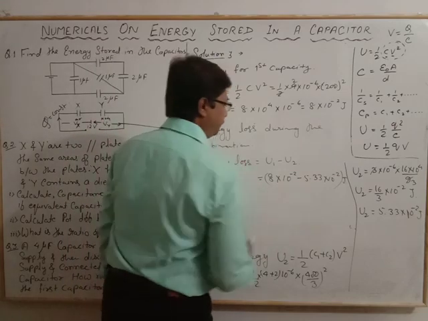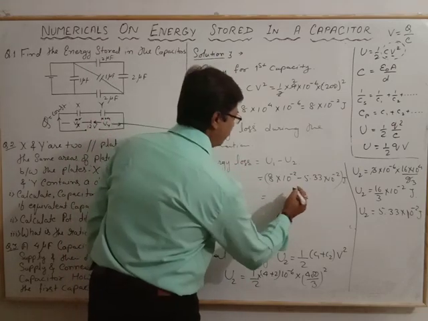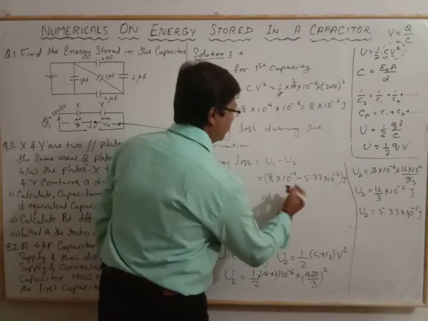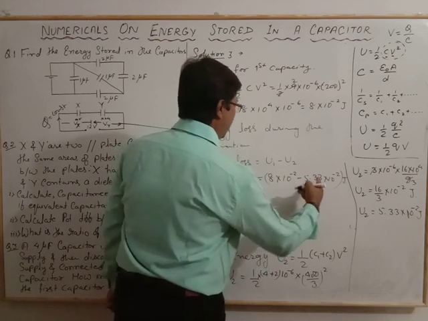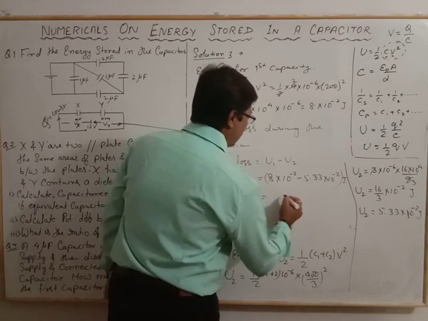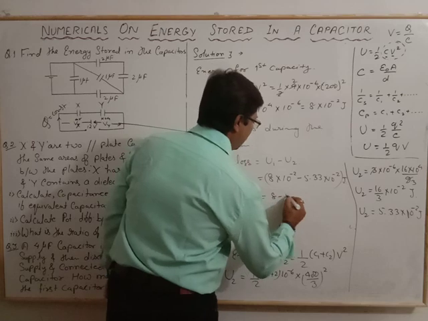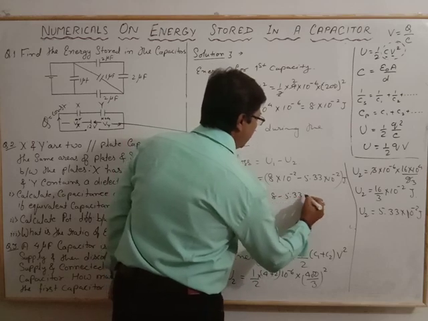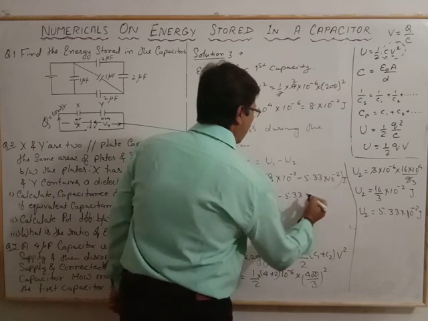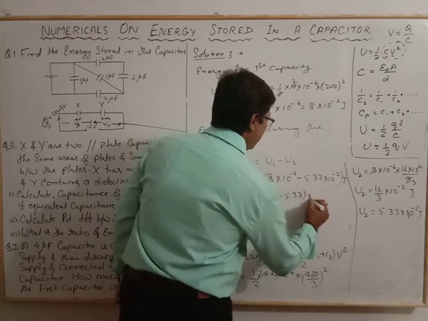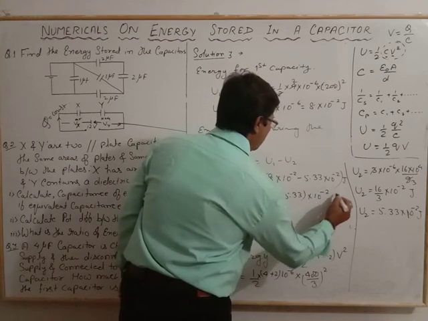Then it is 2.67, that is 8 minus 5.33, into 10 to the power minus 2 joule.